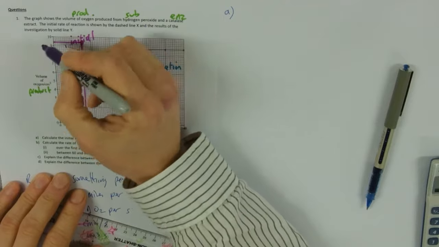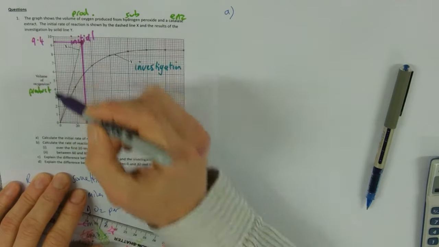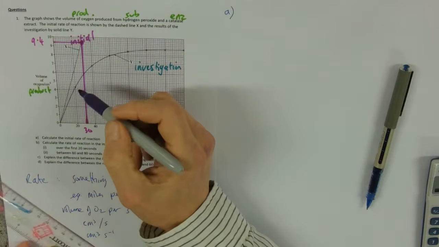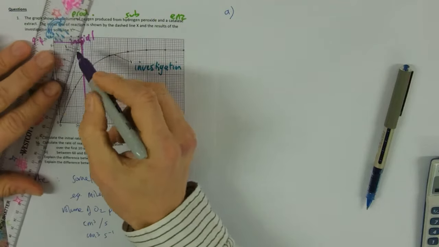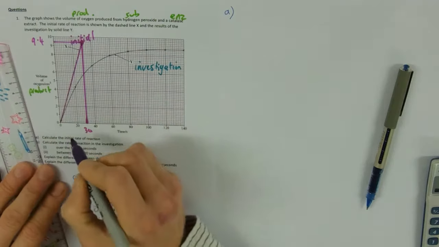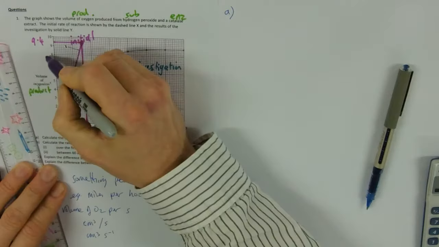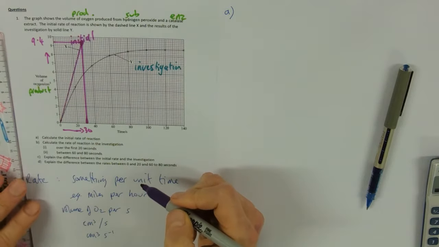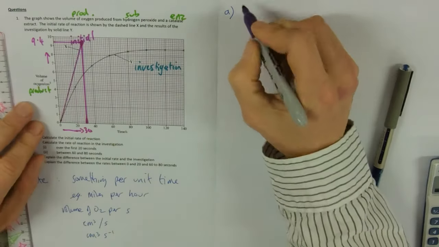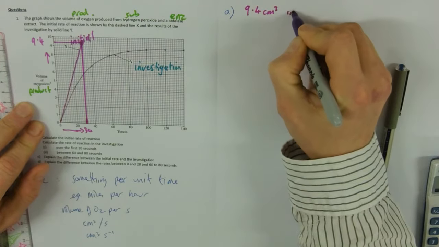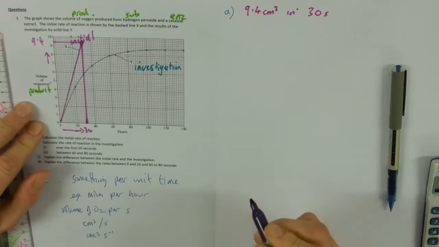That is 9.4, and this is 30. So in 30 seconds it's gone up 9.4 cm cubed. So 9.4 cm cubed in 30 seconds.